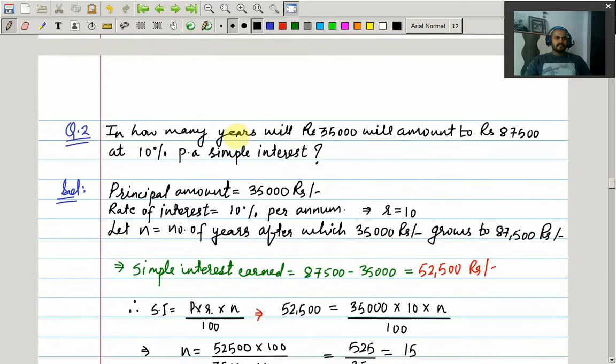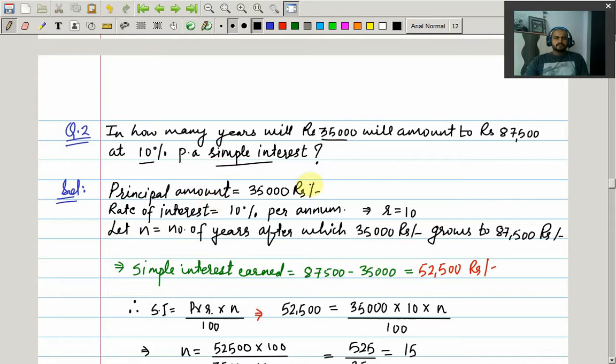So here we have the second one. In how many years will 35,000 amount to 87,500 rupees if the rate of interest is 10% per annum? Simple interest. It's a simple interest question.